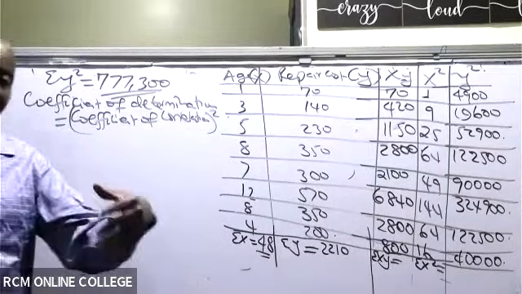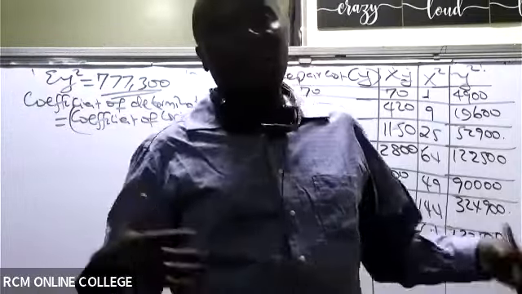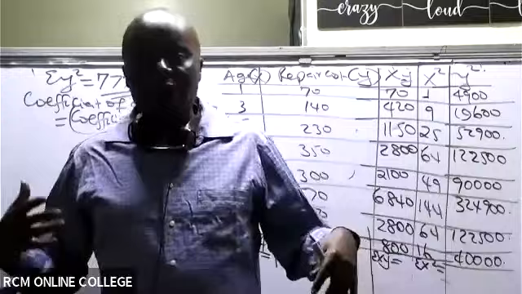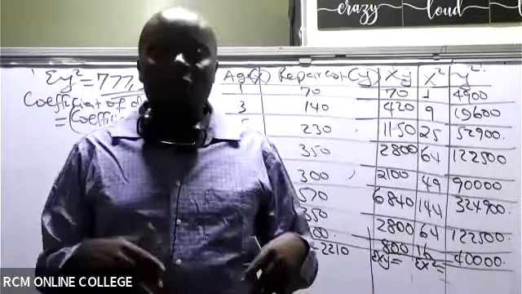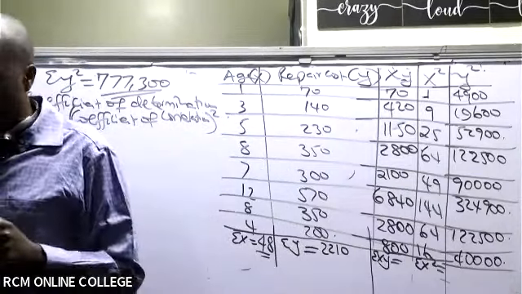So anytime they ask you to give them the coefficient of determination, remember that this is a child of the correlation coefficient. You simply square the coefficient of correlation to get the coefficient of determination.